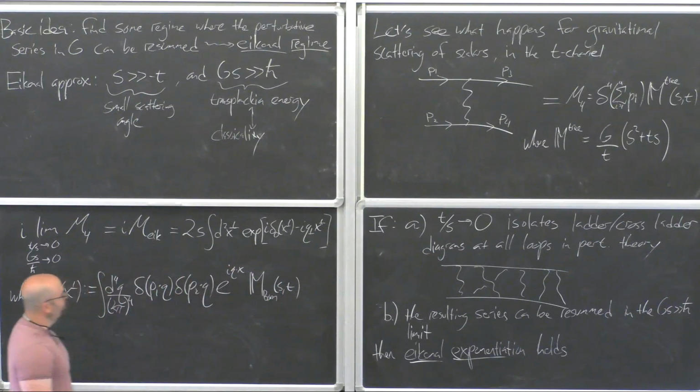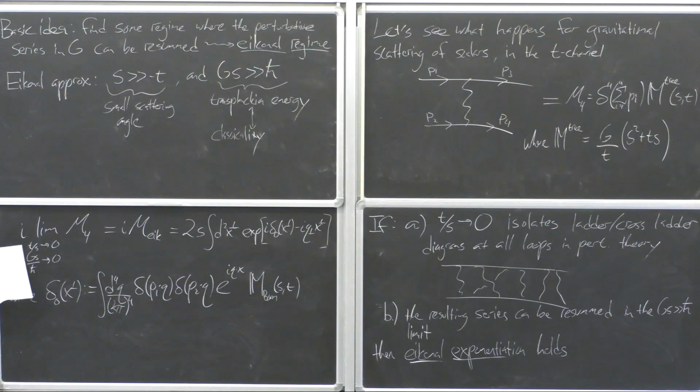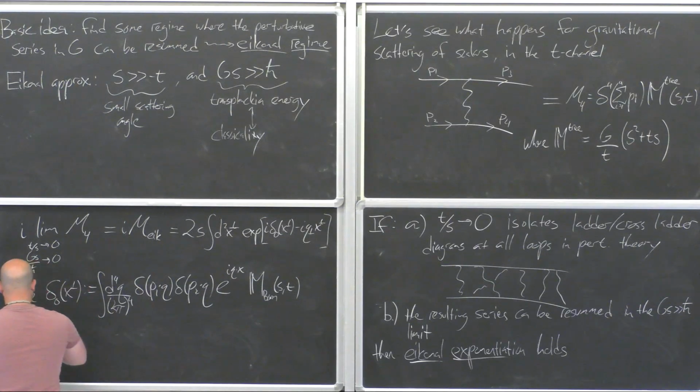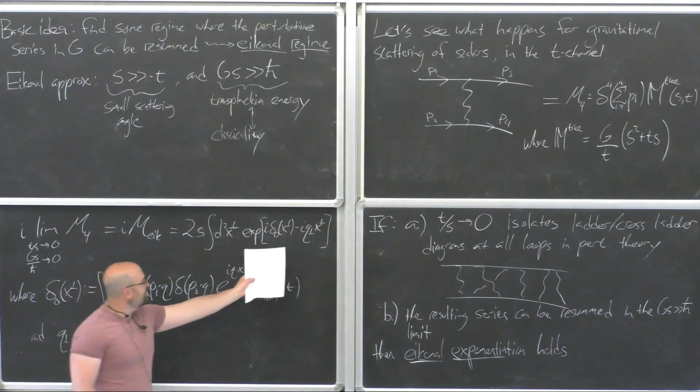what we call the Born approximation. That's just the single exchange tree level diagram evaluated in this limit, small scattering angle classical. And q perp, this is just the exchange momentum.